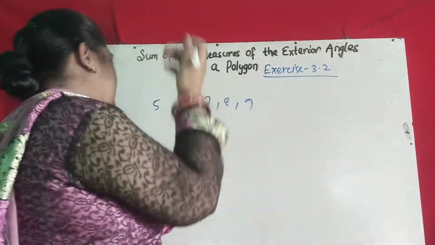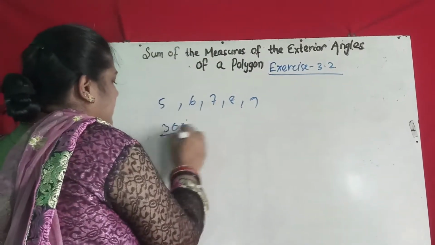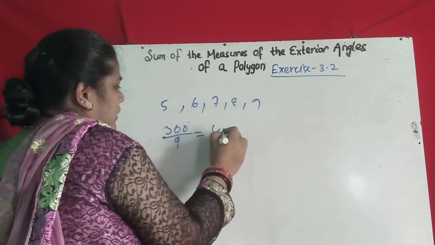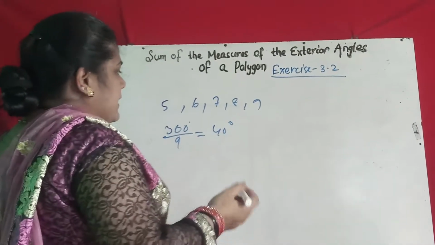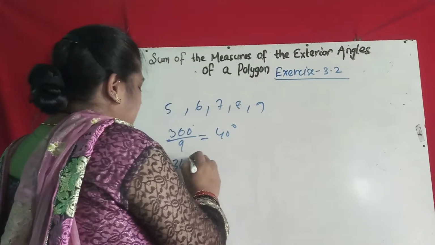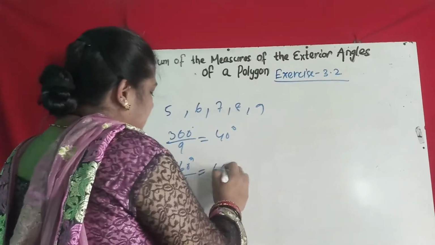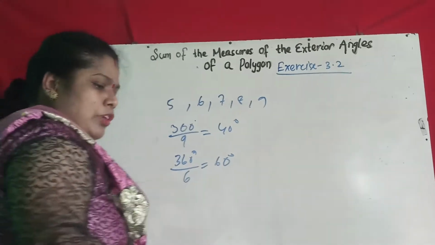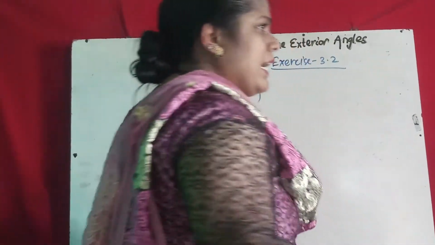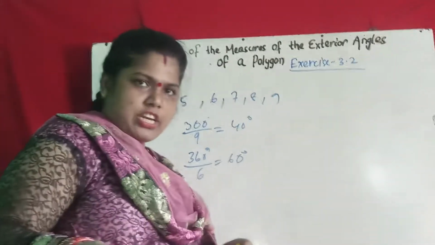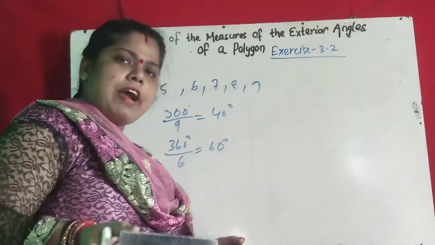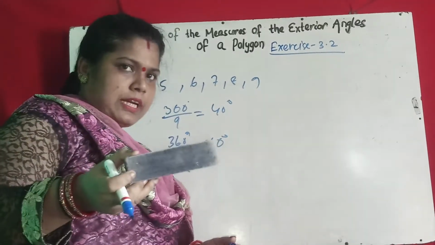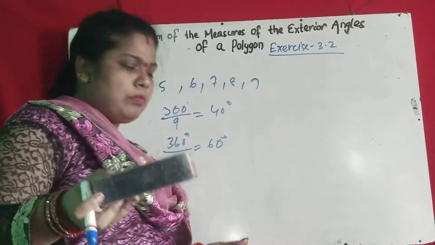So number of sides 9 means what? 360 degree divided by 9, so each angle is 40 degree. If the number of sides is 6, then 360 degree divided by 6 is 60 degree. So like this, if the number of sides is given and the exterior angle is asked, you simply divide 360 by the number of sides.